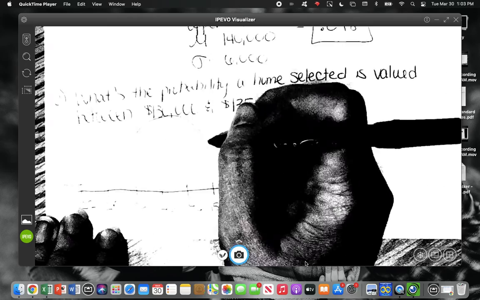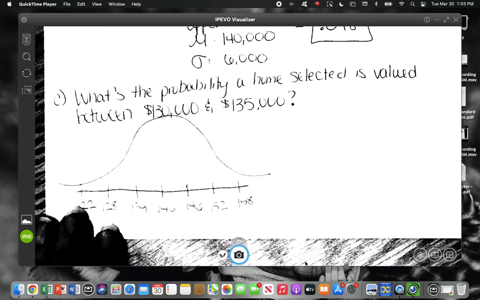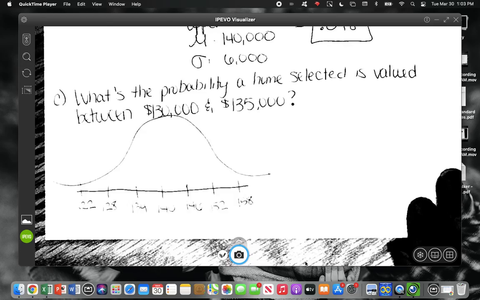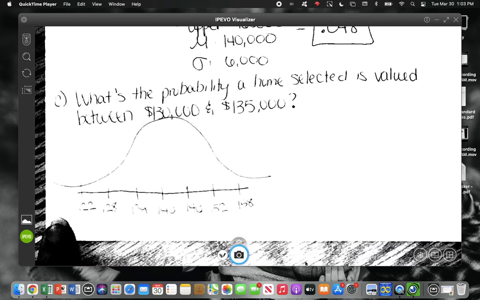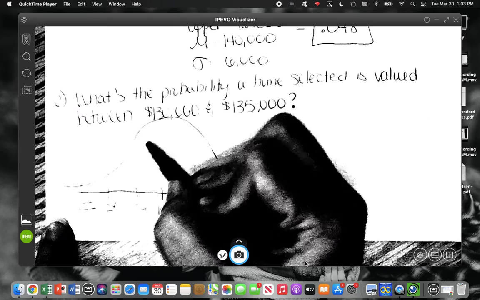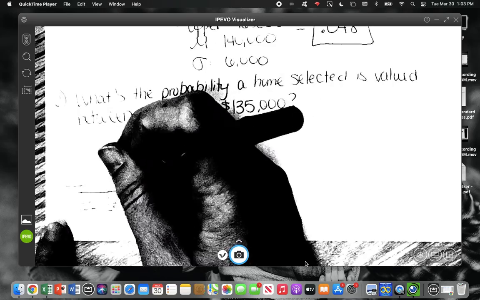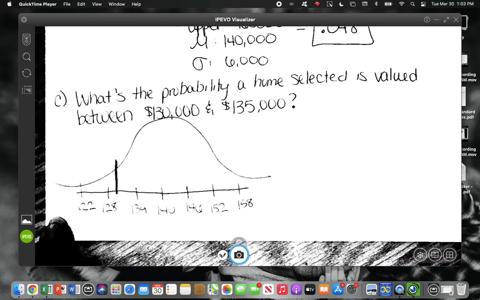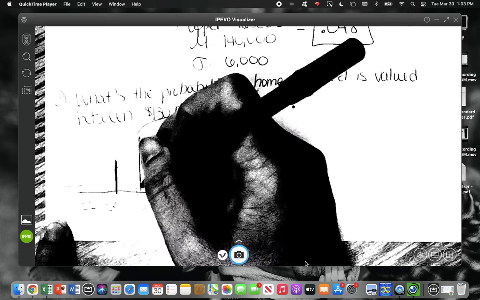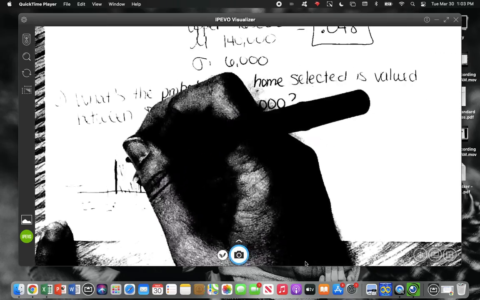So if you did this, where would we shade this one? Jacob, where would I shade this one? Between 130 and 135. All right, so do you agree 130 is a little bit after 128? Yeah. And where's 135 at? Right after 134. So then we would draw those and then we would shade this, right?